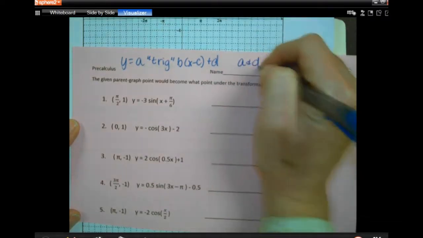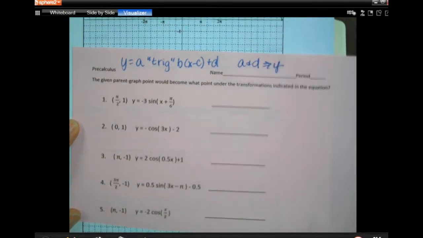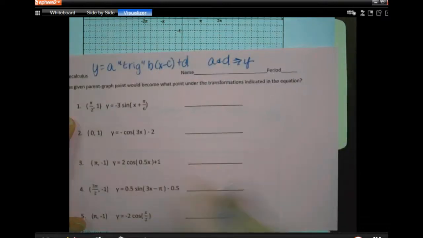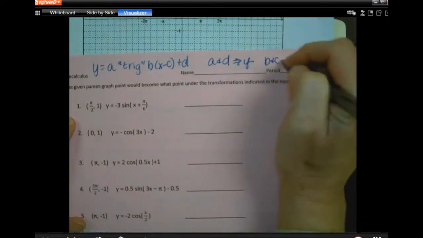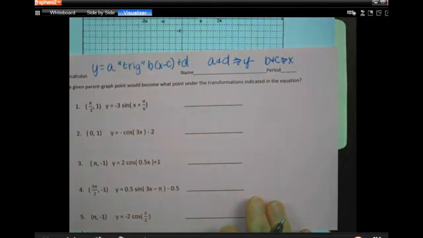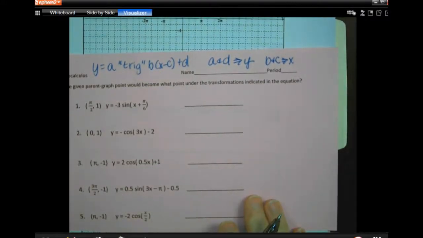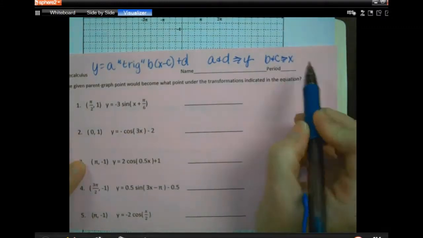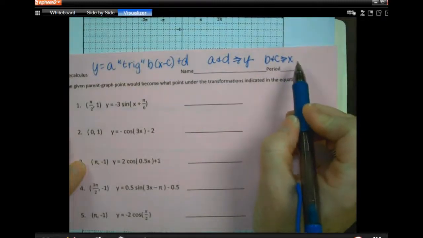A and D affect Y. And the B and the C affect X. And they're liars. That's why there are X's, because they lie. So we break up with them because there are X's. So B and C affect the X variable.